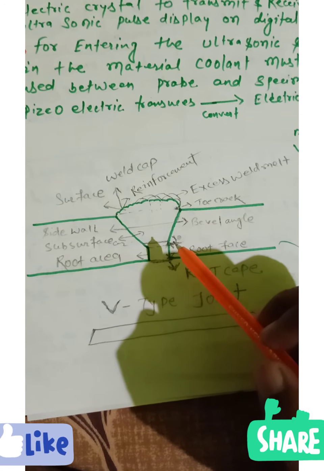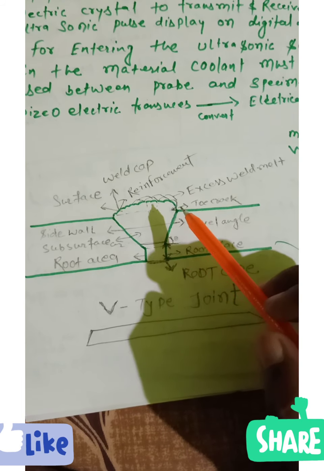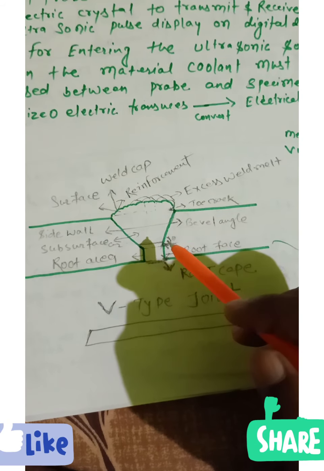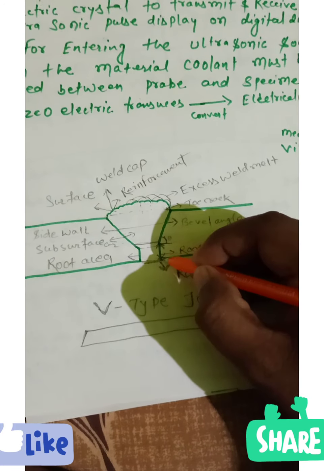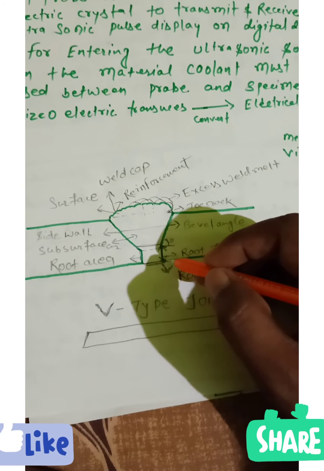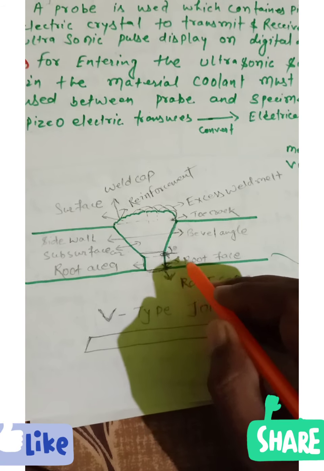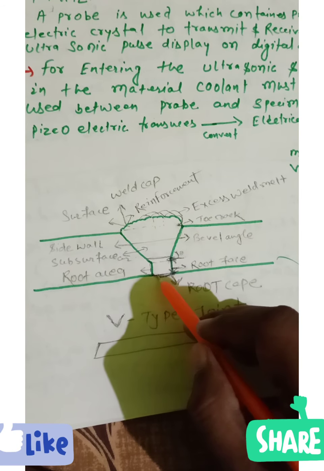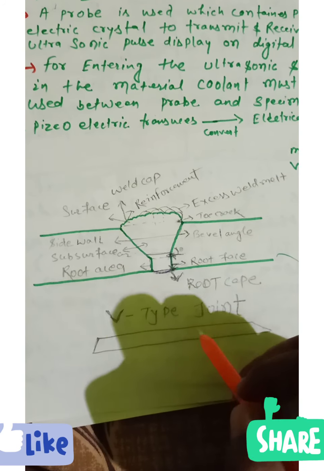This is called the bevel angle, meaning the groove bevel angle. Now this area is known as the root, and from here to here is the root face, and the point between the root is the root cap. You can see here I have already written the root cap.